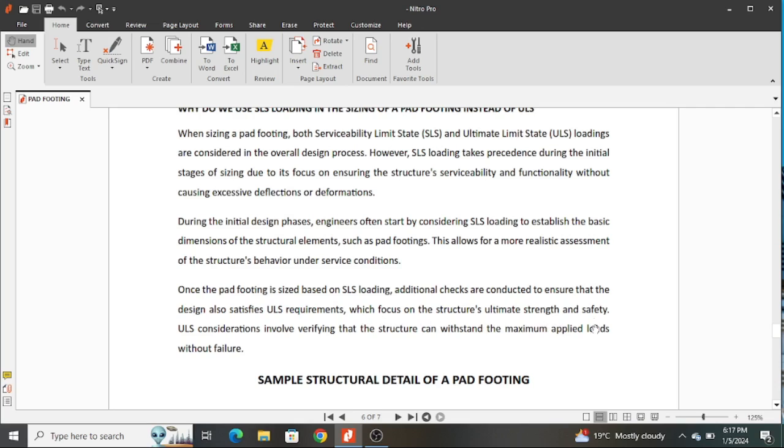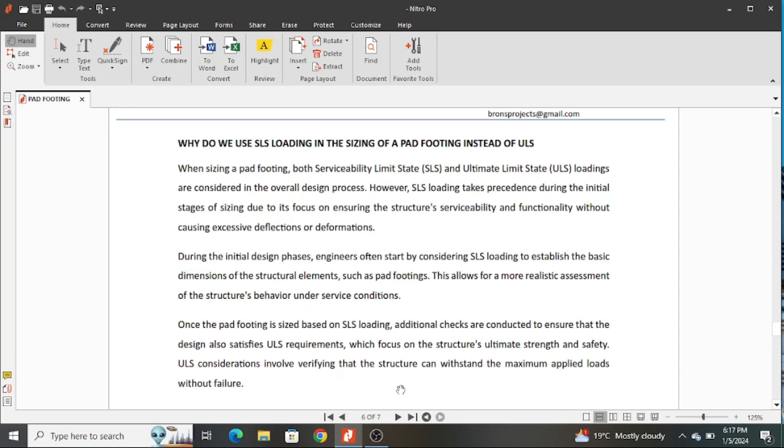Now we're talking about ULS. ULS considerations involve verifying that the structure can withstand the maximum applied loads without failure. So if you size using SLS and you apply the ULS considerations and you carry out the checks and it fails, then you have no option other than to resize your footing.